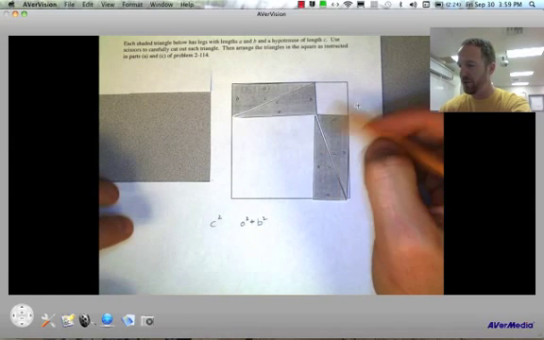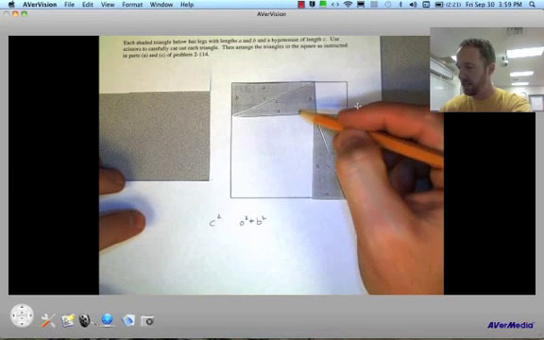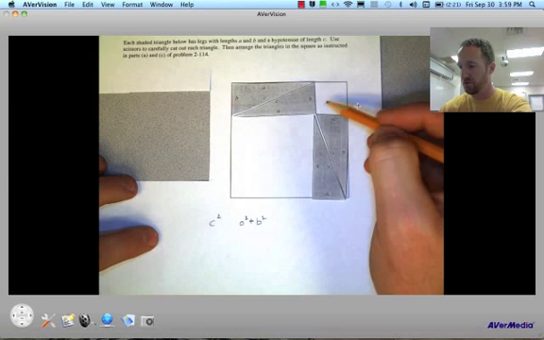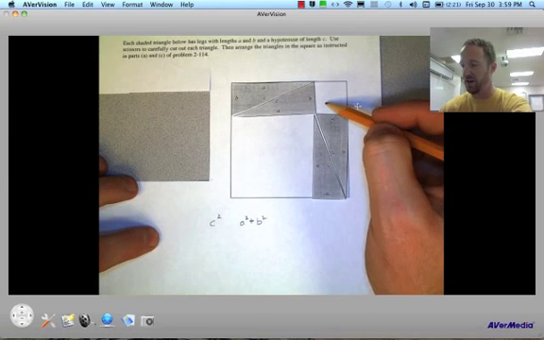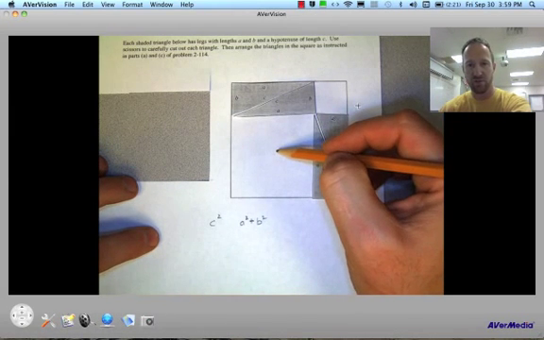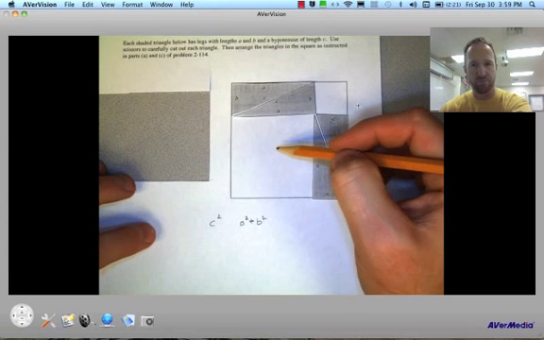Now, by rearranging these triangles, do I change the area? I mean, do I change the amount of the area in the square? No, you don't.